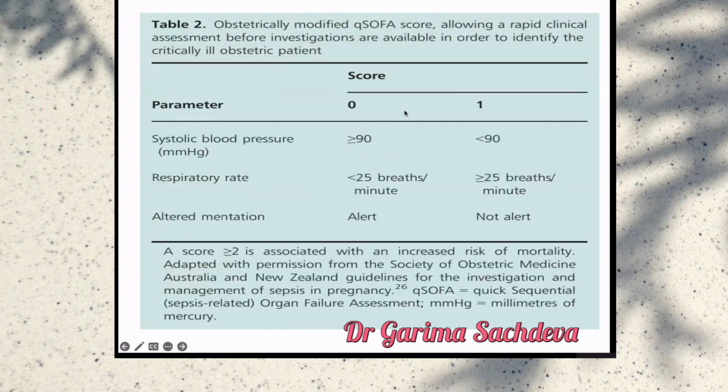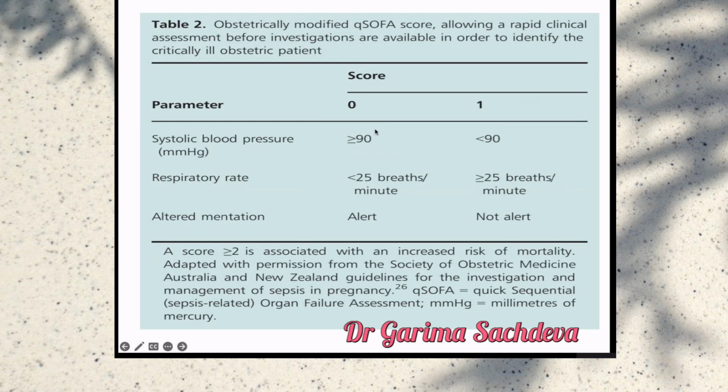Quick SOFA you have to remember. In clinic and general practice also you can use it. If the quick SOFA score is more than or equal to 2 along with evidence of infection, that is also called sepsis. It's a quick score where you are using just 3 parameters. Here you are using SBP, respiratory rate, and altered ventilation, and you classify 0 or 1.